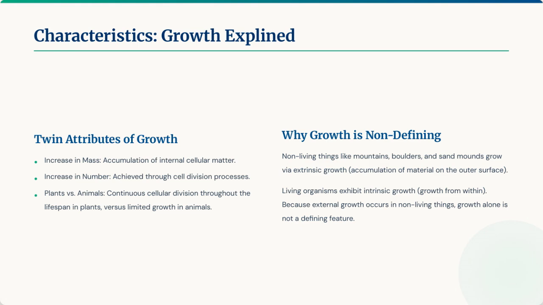Plants have continuous cellular division throughout their lifespan, allowing them to keep growing indefinitely. In contrast, animals have a more limited growth period, after which cell division slows down significantly or stops altogether. Understanding these nuances helps clarify why growth, while important, cannot solely define life but remains a crucial characteristic to study.